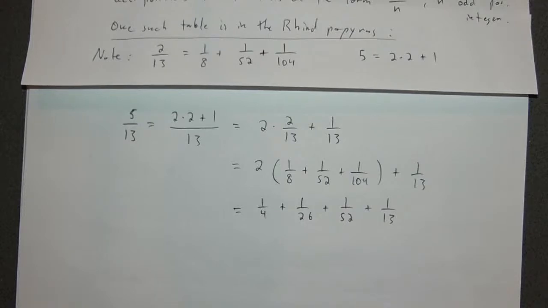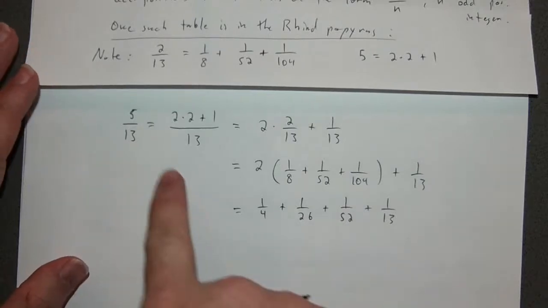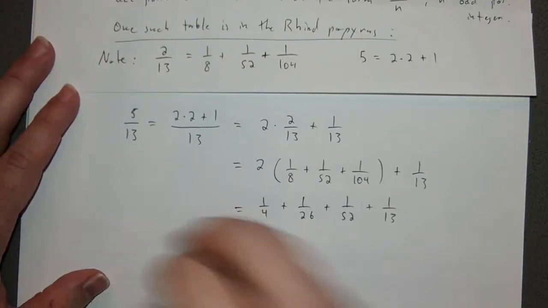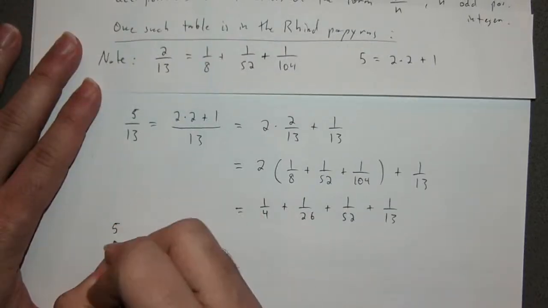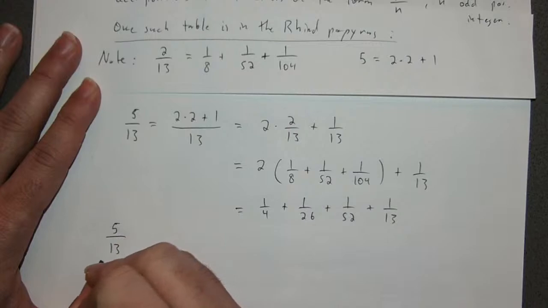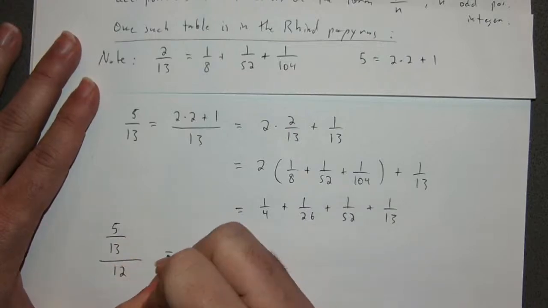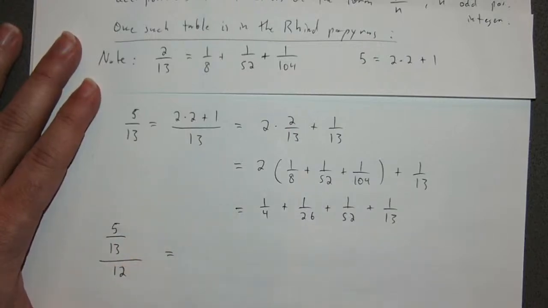And then if I wanted to do 5/13 divided by 12, how would I do that? Well, now it's easier. So 5/13 divided by 12 would be this expression divided. Each term in the sum is going to be divided by 12.